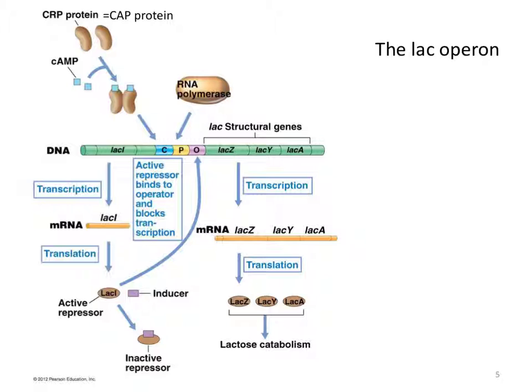So overall, with the lac operon, there are two regulatory processes at work. There's the role of the repressor protein, which can be removed by allolactose, thereby allowing transcription of the lac operon.